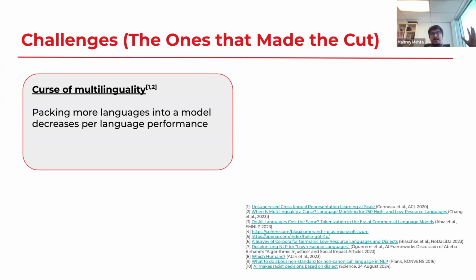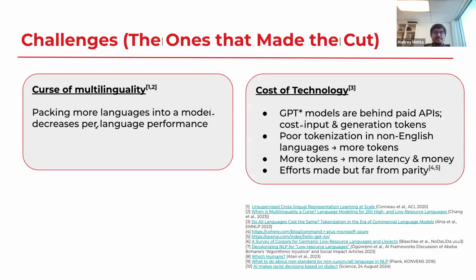Imagine that the language model is a bag and every language is like some item that you're putting in the bag, right? And it turns out that the more items you pack in the bag, things start overflowing. So performance starts decreasing the more languages you try to pack in a certain language model. So that is one challenge.